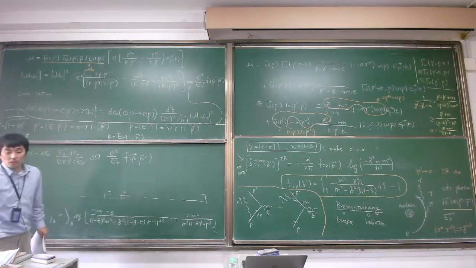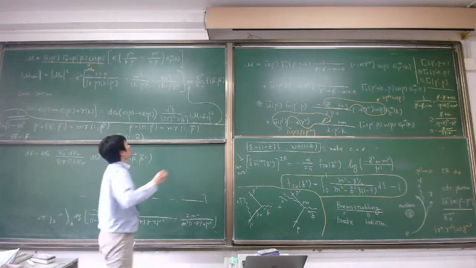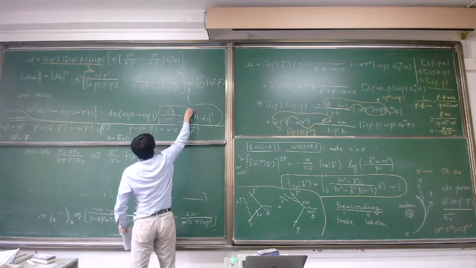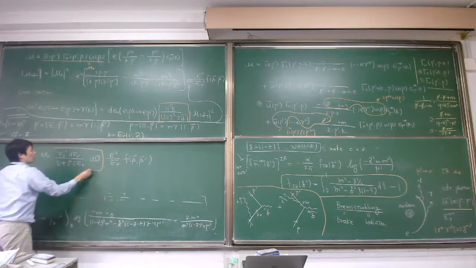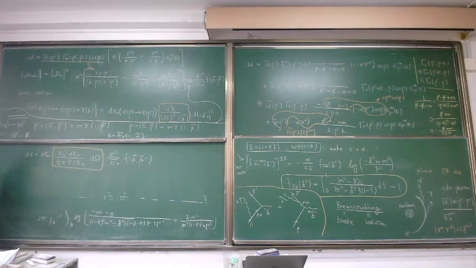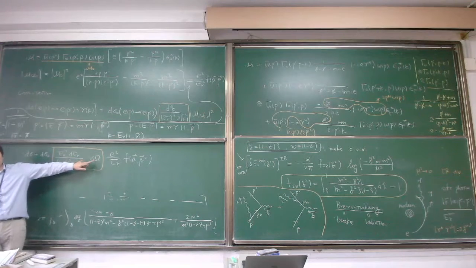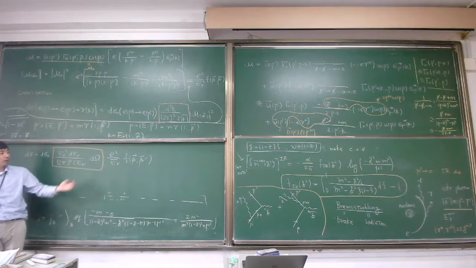So here, this Lorentz invariant phase space is this guy. It's just the spherical coordinate of the angular coordinate of this momentum space, where E gamma can be treated as the radius, and omega is the angular part.